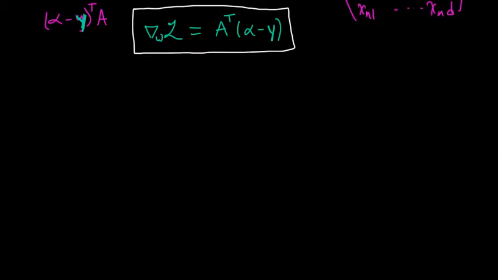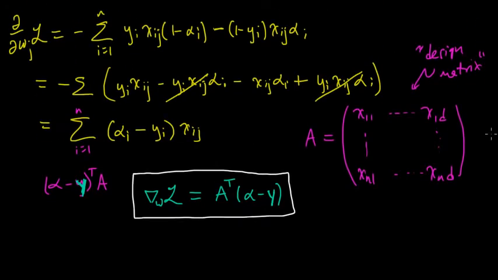So we had the gradient here. Now let's take one more derivative of this. So we did wj. Now let's do also wk. So we differentiate this guy with respect to wk, and what are we going to get?